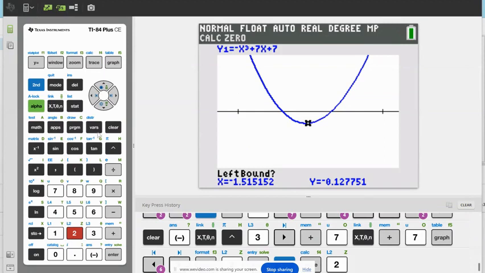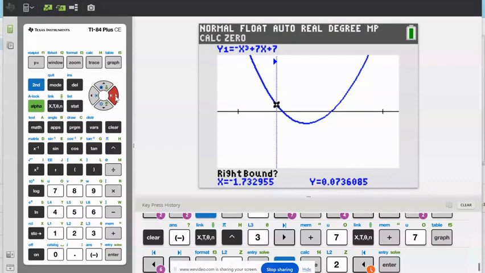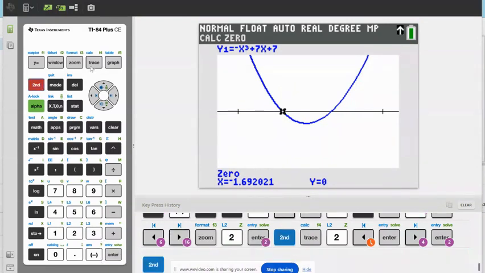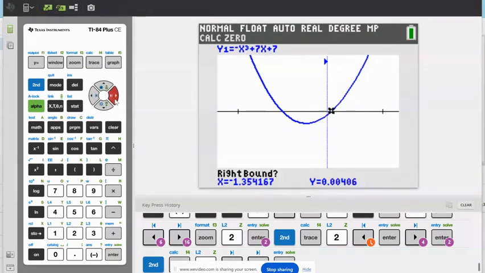I'm going to find my zero, find the first one, find the second one, and then that's the first, negative 1.69. We have to do this process all over again, so we do second trace again, option 2. Now I go to this one, left bound is above, below it, right bound is above it, and there's our second one, negative 1.356, which makes it negative 1.36.